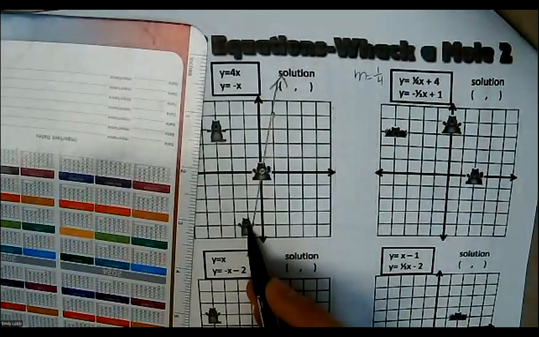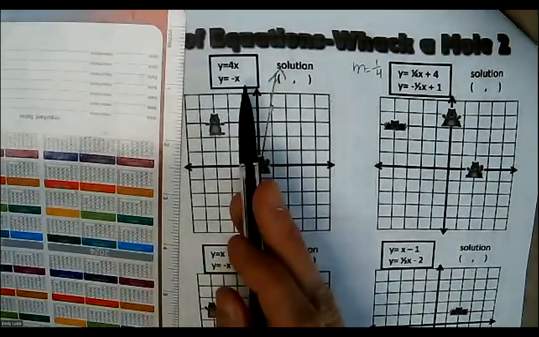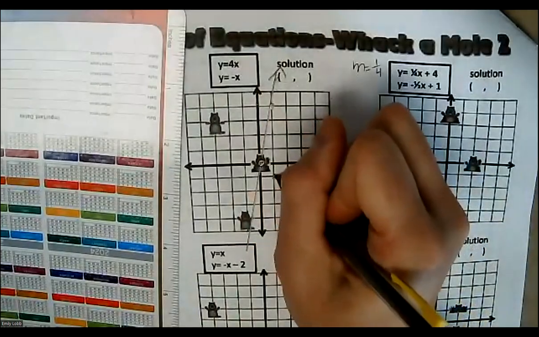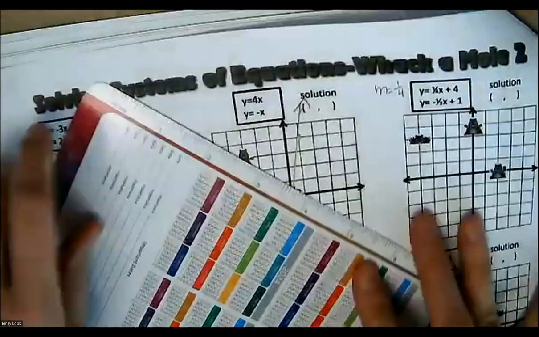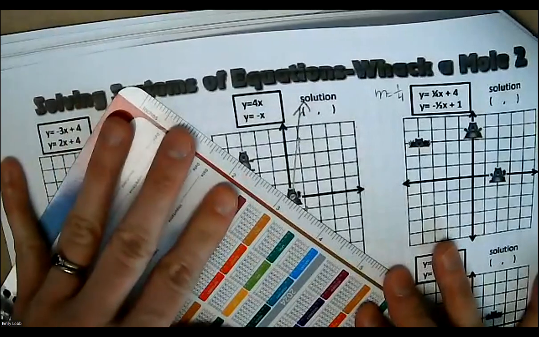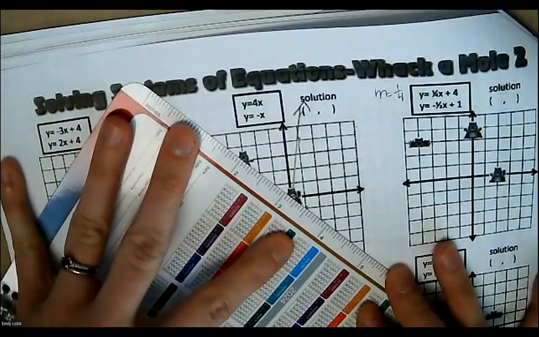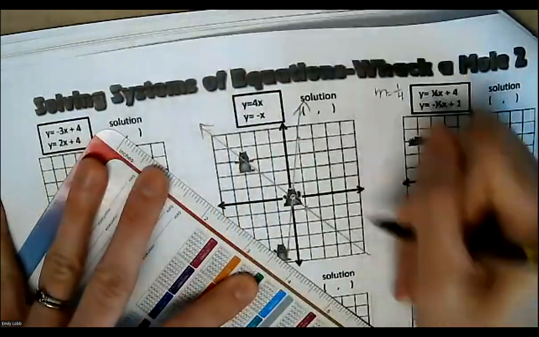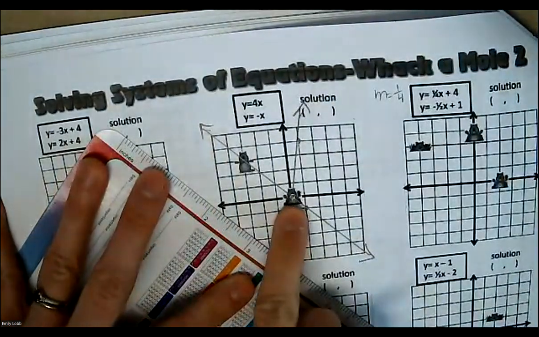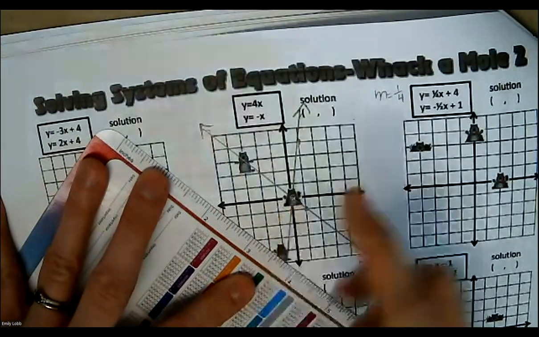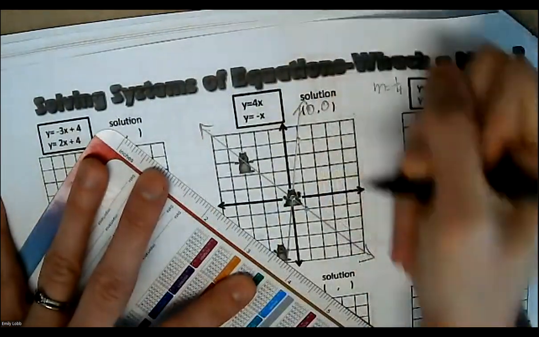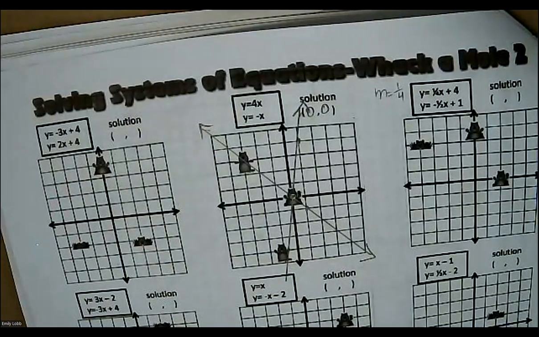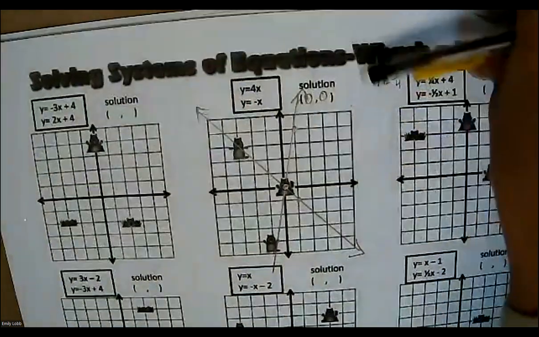And then this is down 1 over 1. But since they share the same y-intercept, we should assume, but we will test also, that they're going through the same point here, right? So what's the solution here? 0, 0. Their y-intercept. I guess we didn't find the solution before we picked out the mole.